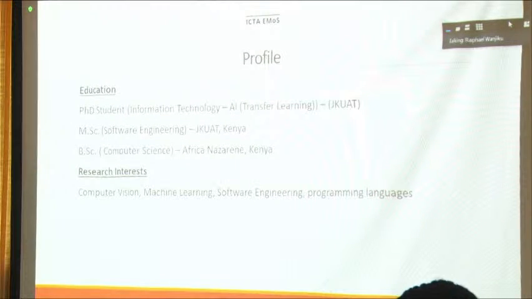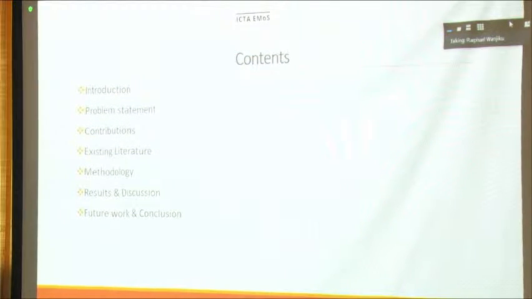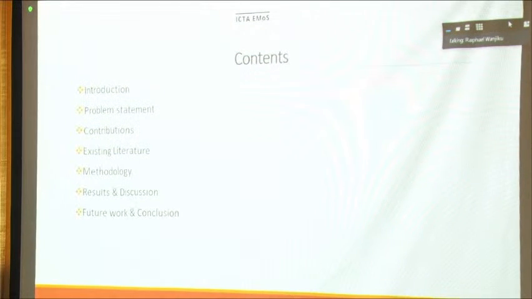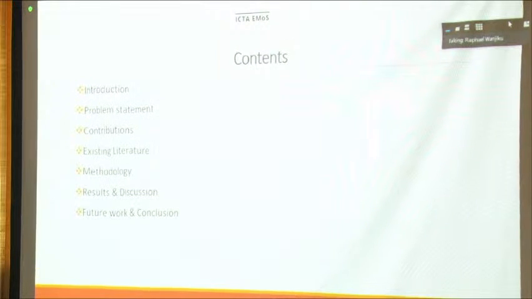My interests are in computer vision, machine learning, software engineering, and programming languages. So we're going to have a look at the introduction of the conflation, the problem statement, the contribution that we are bringing on board, the existing literature, methodology, result and discussion, and the future work that will be the communications.